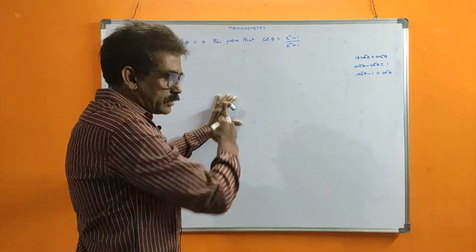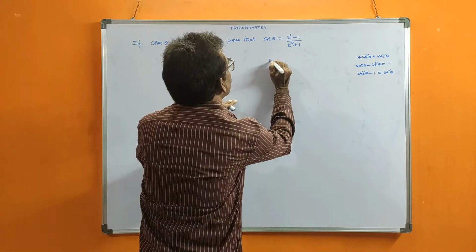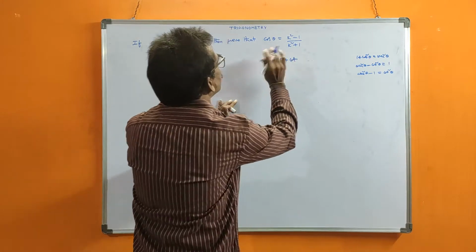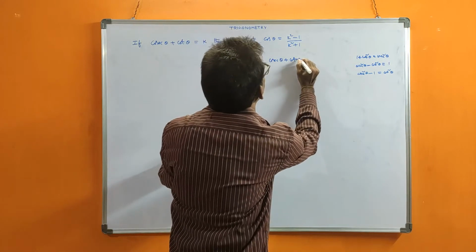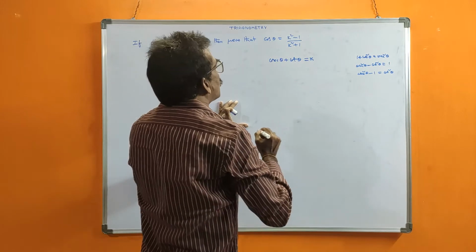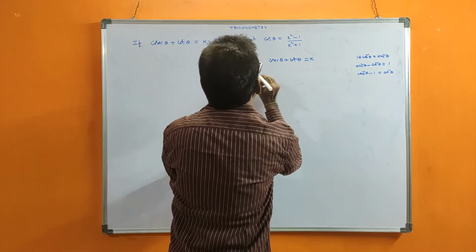By using this, cosecant theta plus cot theta is equal to k, given. Now we know the formula, take this formula.